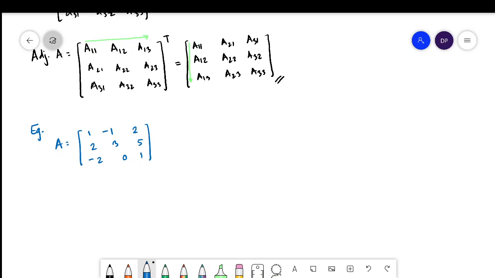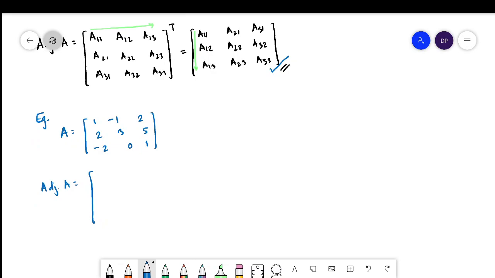To find the adjoint of this matrix, first always try to write the general adjoint. So write A11, A12, A13, A21, A22, A23, A31, A32, A33.